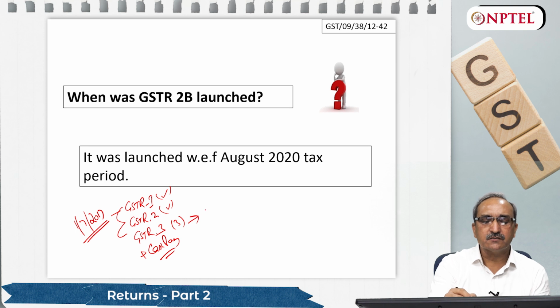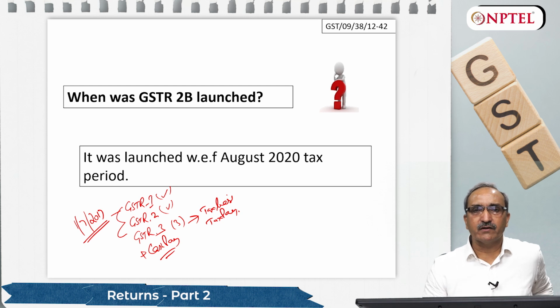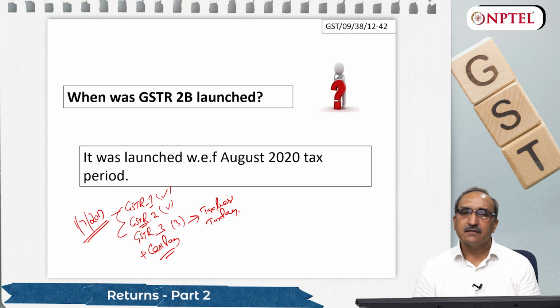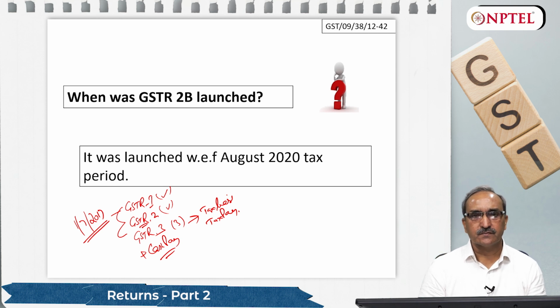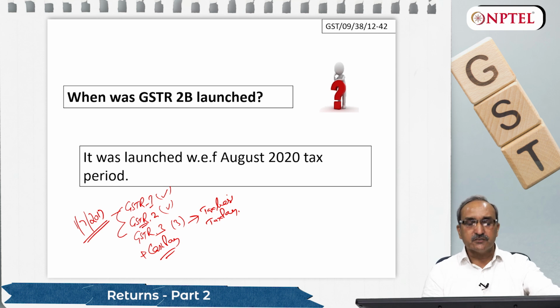This 3B was a statement or a return for your tax liability and tax payment after consideration of your ITC available under 2B and then cash payment. This was the original plan for filing returns under GST.